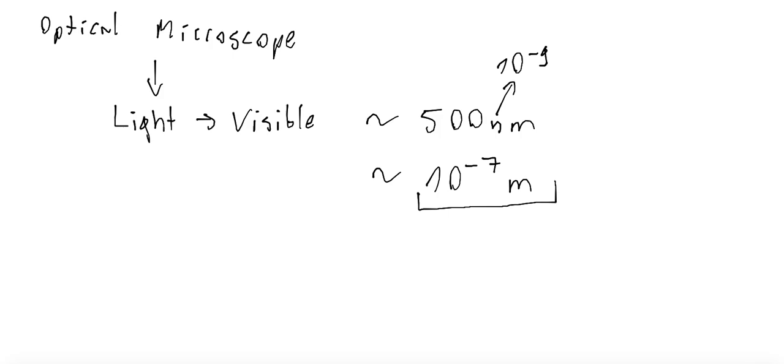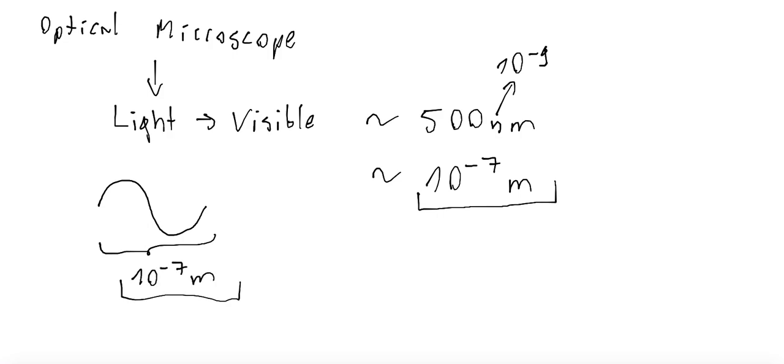Okay, if we use the best optics, the best lenses, then we cannot see details smaller than 10 to the power of -7 meters, because the light used in this microscope has a wavelength measured in hundreds of nanometers, so the order of magnitude is 10 to the power of -7 meters. Okay, so it was a revision.